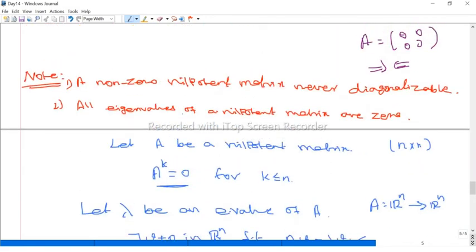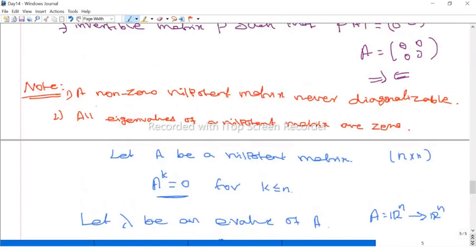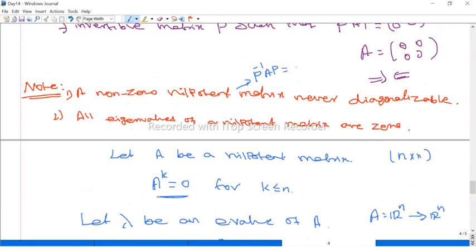Now, using the second note, we can prove the first one. Any non-zero nilpotent matrix is never diagonalizable. Assume that it is diagonalizable. Then there is an invertible matrix P such that P inverse AP equals a diagonal matrix, but the diagonal entries are eigenvalues, which are 0, 0, 0.